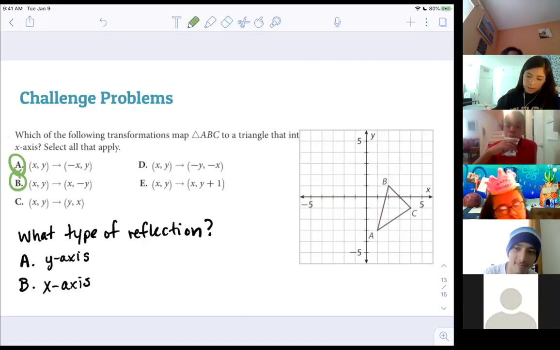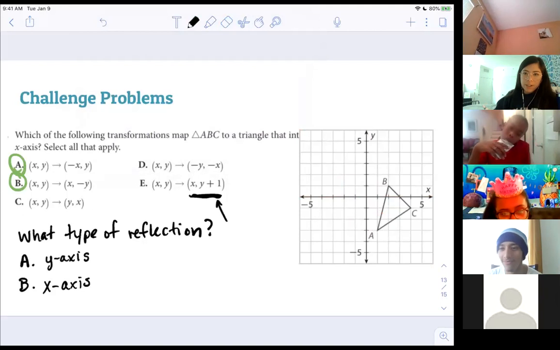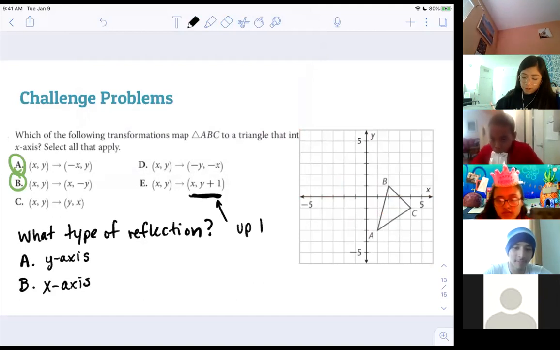Option E, what type of transformation is this? Is that a reflection? No, it's a translation, good. And I'm translating in which direction and how many units? Upwards 1. Good, up 1 unit.